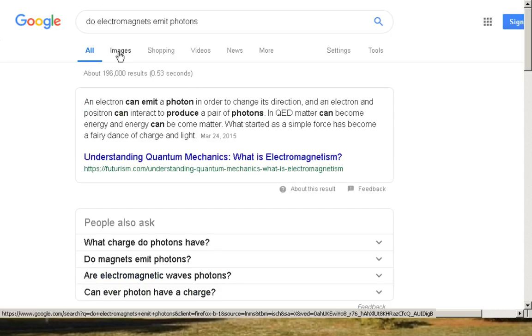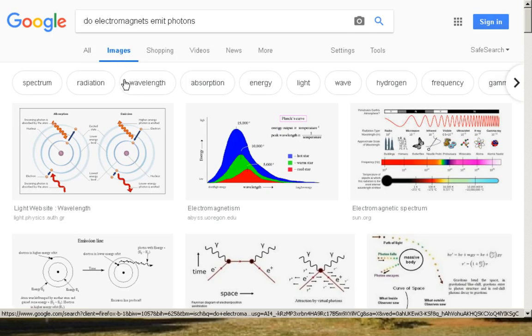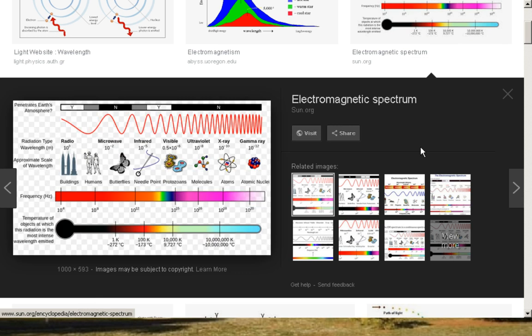Let's look at images. So it looks like it's saying there's higher temperatures in the ultraviolet spectrum, and infrared is lower temperatures. That doesn't make any sense.